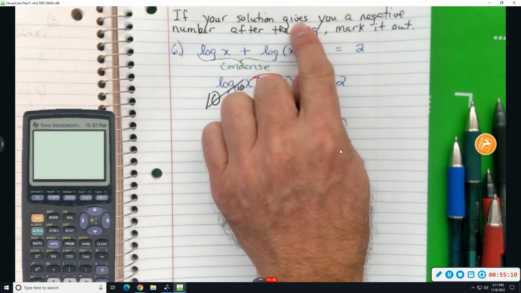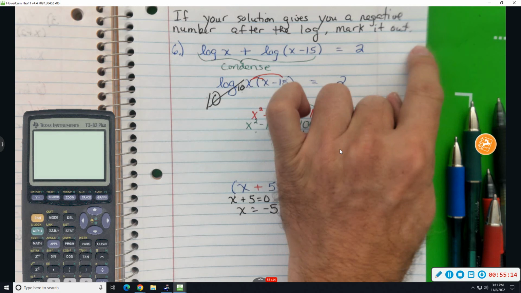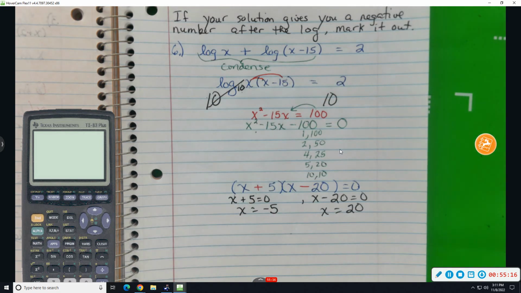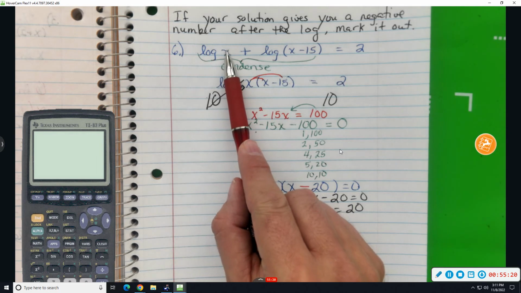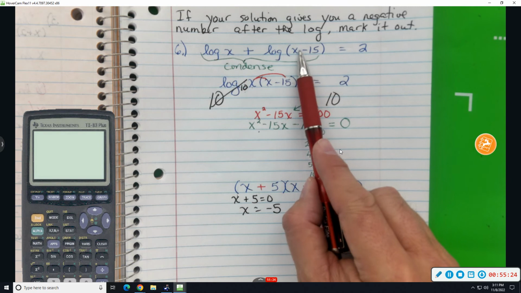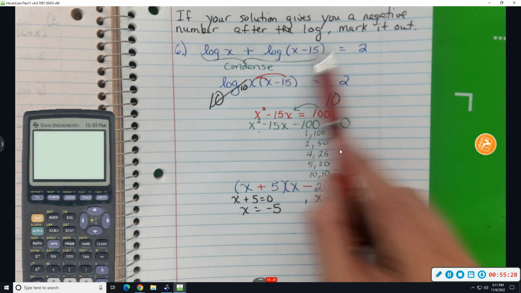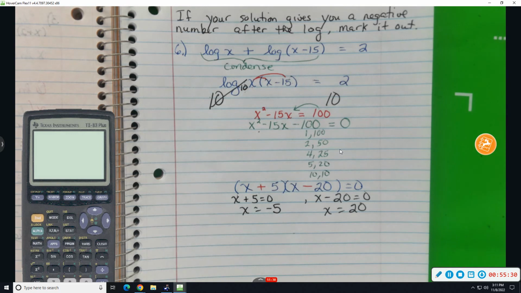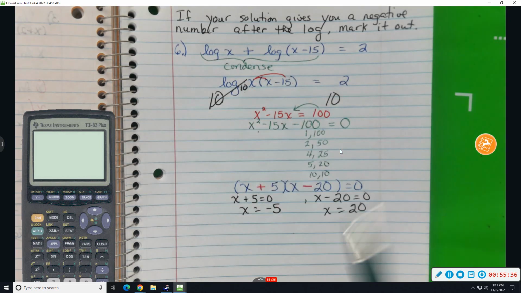If your solution gives you a negative number after the logarithm, mark it out. If you plug a -5 in for x, aren't we getting a negative number after this first logarithm? And right here, if you put a -5, -5 minus 15, that's a -20. But if just one of them makes one of the logarithms negative after it, you've got to mark it out.